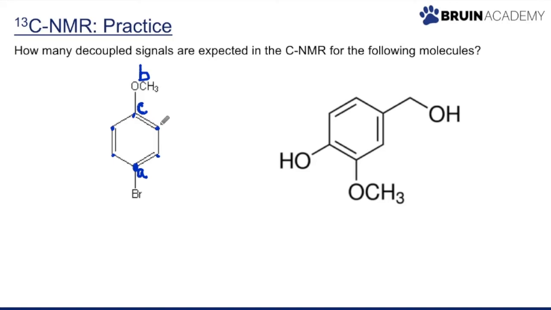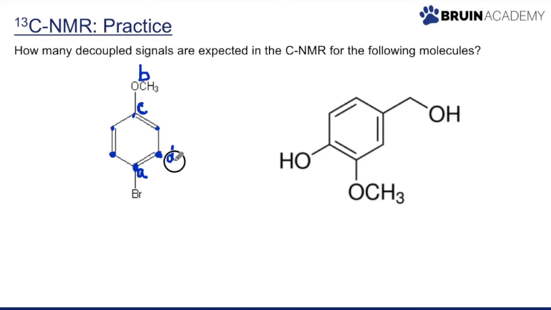Now let's take a look at these 4 carbons here. Particularly, let's look at this one and this one. These 2 are actually equivalent because they are connected in the same way to carbon A. If you remember, I mentioned this in the proton NMR video, but it's helpful to look for things like symmetry to help you figure out which atoms are equivalent to each other. And so these 2 are equivalent.